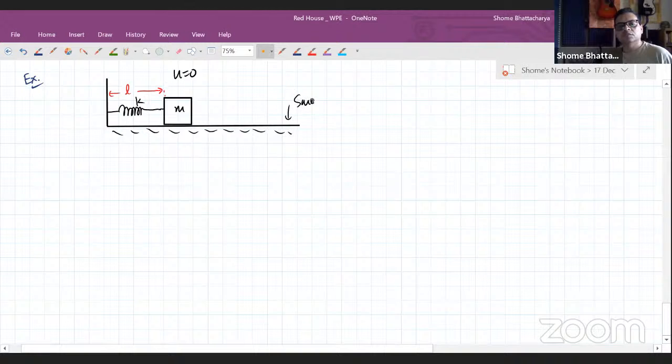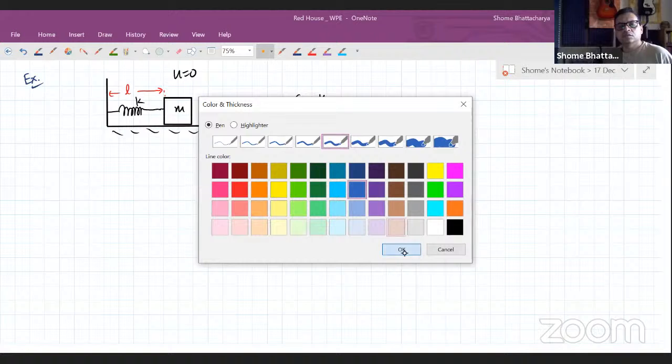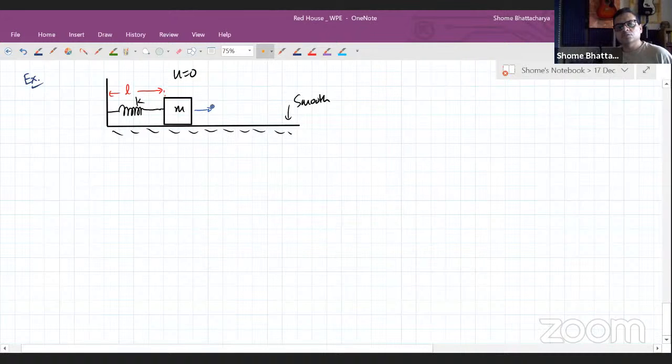This is a smooth surface. Now from t equal to 0 onwards, a constant horizontal force is used to pull the block.